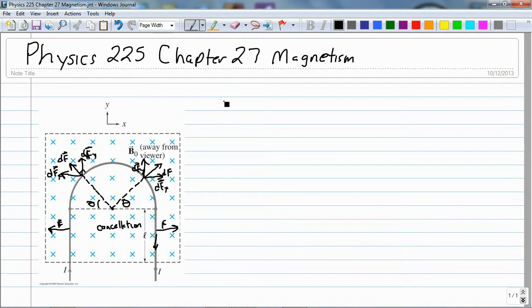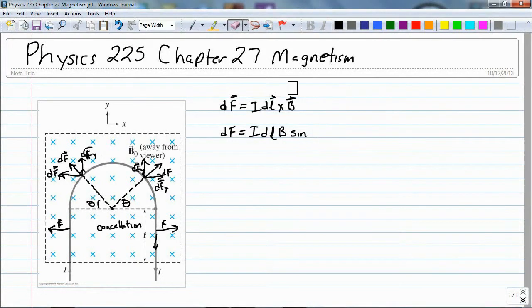So let's write our differential force is equal to I dL cross B. B is a constant, and then if we want the magnitude, that's just going to be I dL, actually this L is a vector, times the field, and then I'm going to have sine of, we'll call it phi, or no, let's call it theta, because that's what the definition we had was theta.